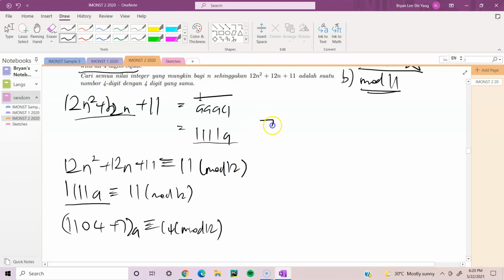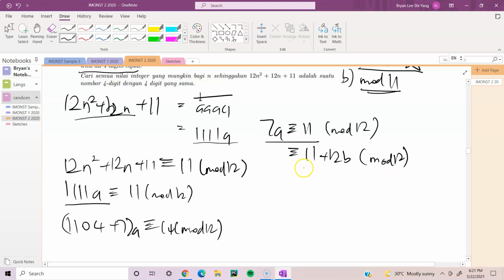So 7a is congruent to 11 mod 12, which is congruent to 11 plus some 12b. In modular arithmetic, you can basically add a certain multiple of 12 beside this 11, such that this whole thing becomes a multiple of 7.